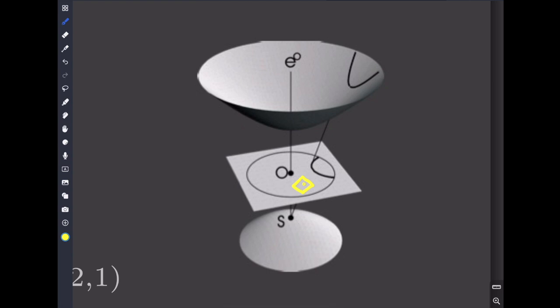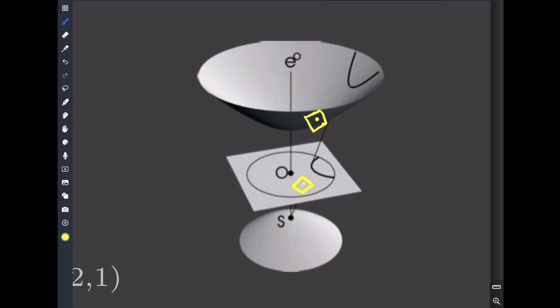And what can I do? Well, I can send the point through stereographic projection, and it's some point here, and it's a diffeomorphism. So I know that the image of that tangent plane is precisely the tangent plane here, which would be really hard to draw, because it doesn't look tangent at all.